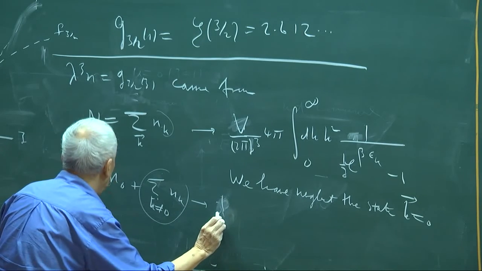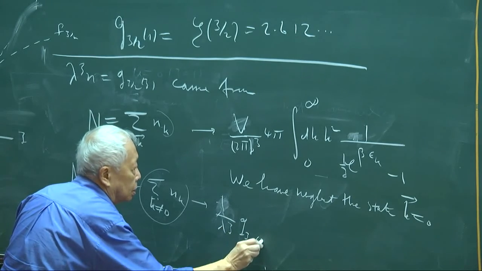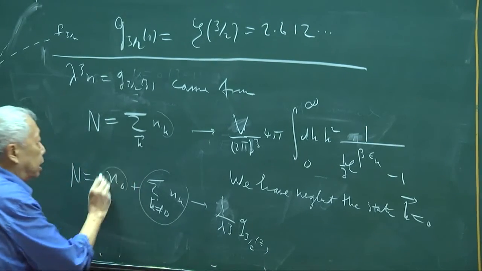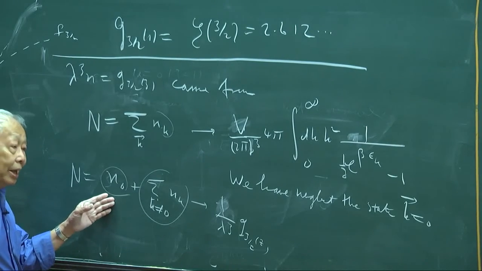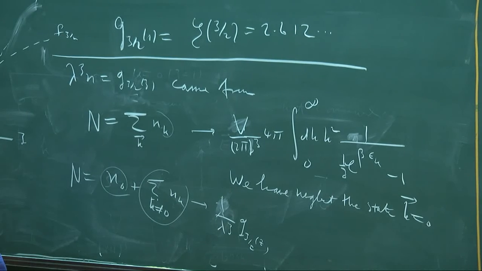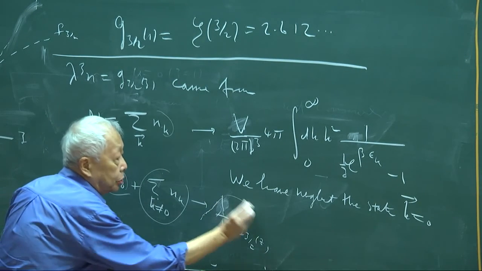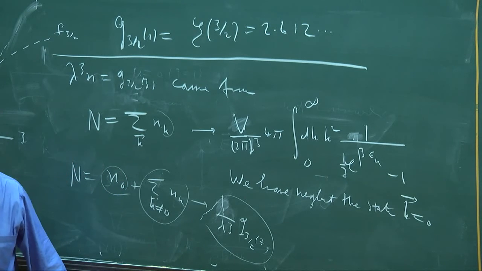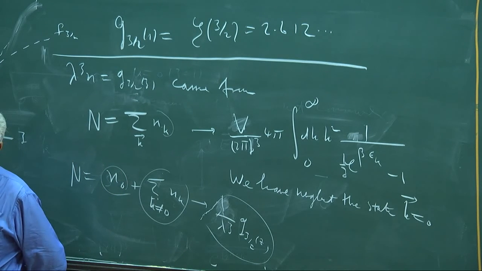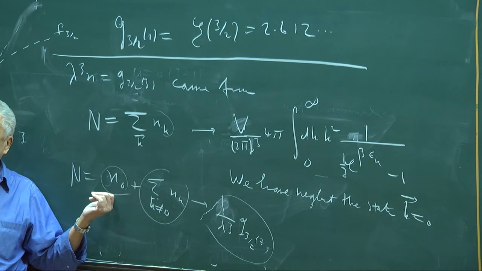This will give you 1 over lambda cube G 3/2 of z. And we say that the one state can be neglected. You cannot neglect it if the rest doesn't hold all the particles. What do we do? We say the excited spectrum only holds a maximum number of particles, not an infinite number. Then when the quota is reached, the particles are forced to go into n0.